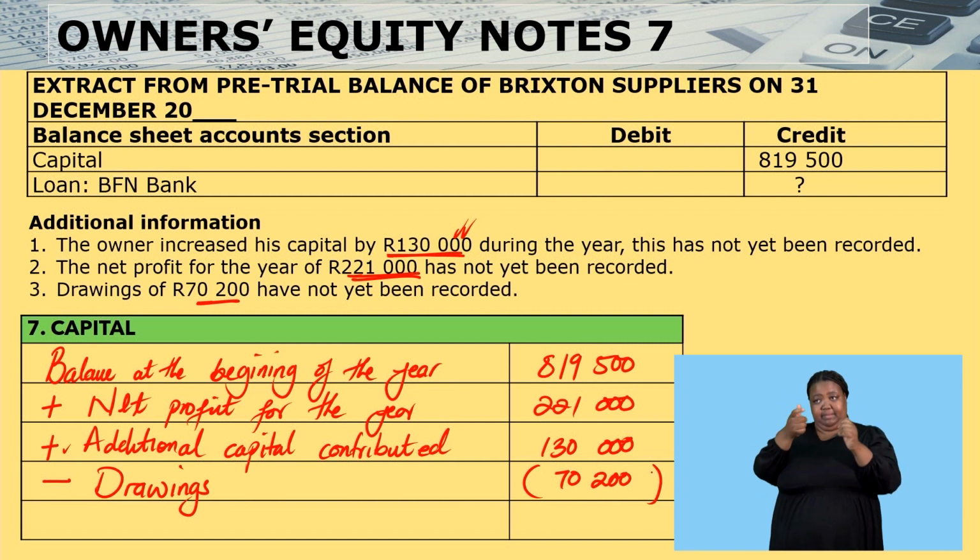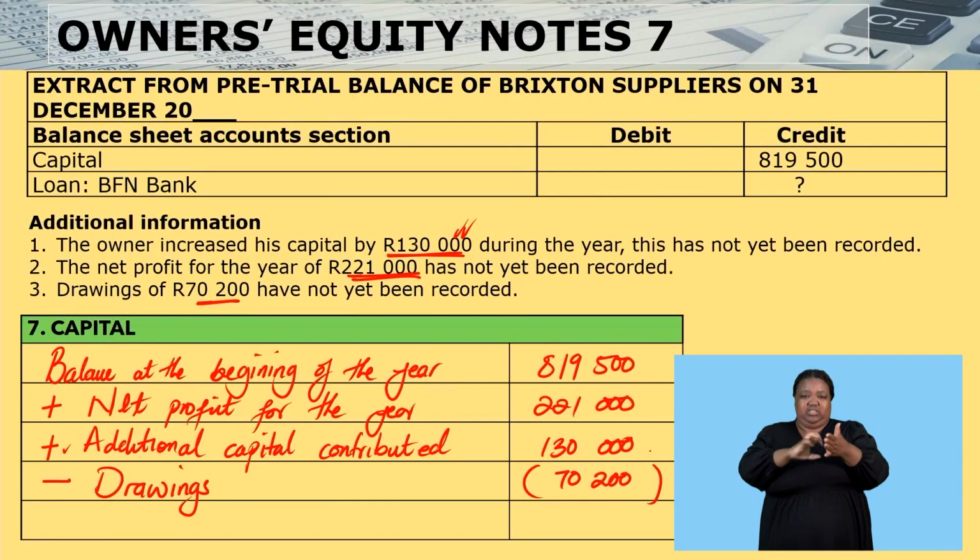Very important. Let me say this again. Your net profit for the year, you add it. It increases your owner's equity. Your net profit increases your equity. And your additional capital is going to be added as well. And then you subtract your drawings.